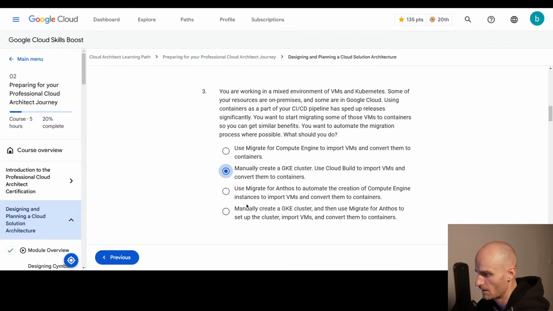I think the right one will need to have the manual creation of the GKE cluster. Use Cloud Build to import VMs and convert them to containers. I will go more for Migrate for Anthos to set up the cluster, import VMs and convert them to containers.